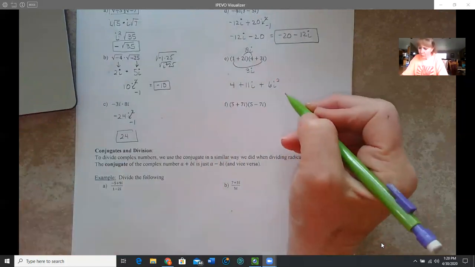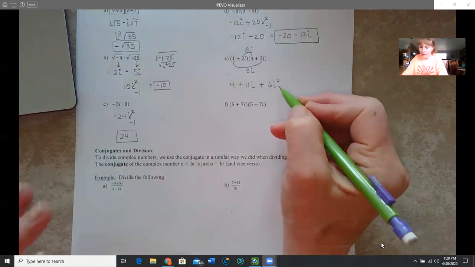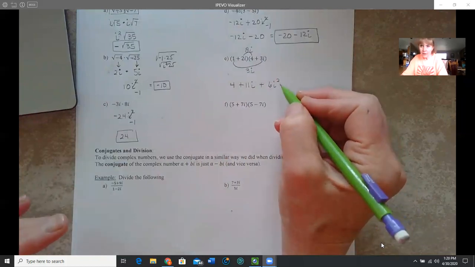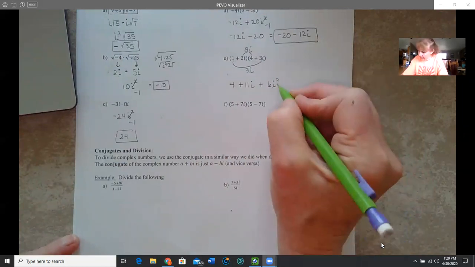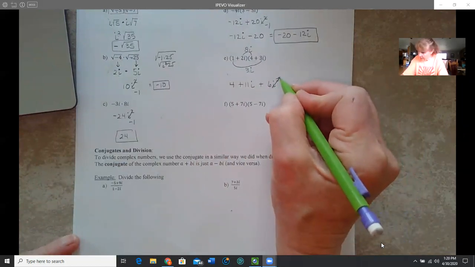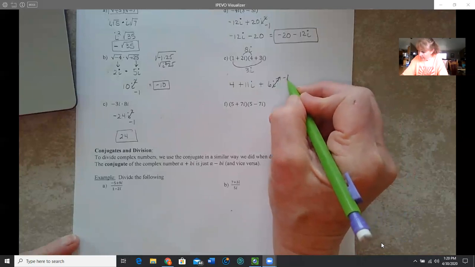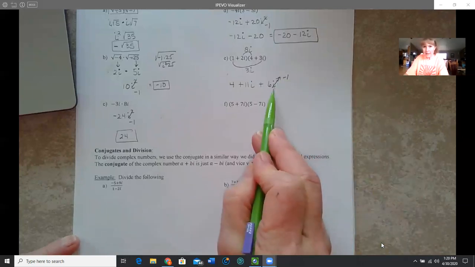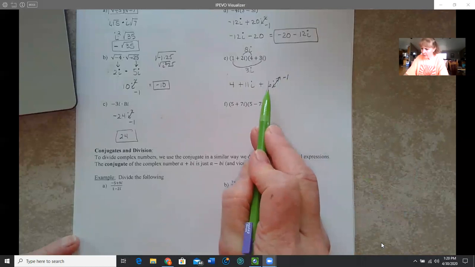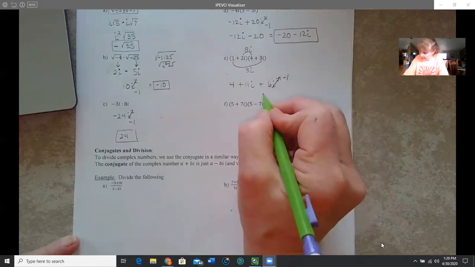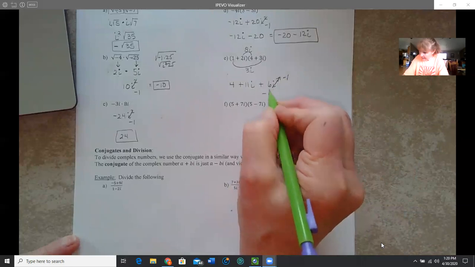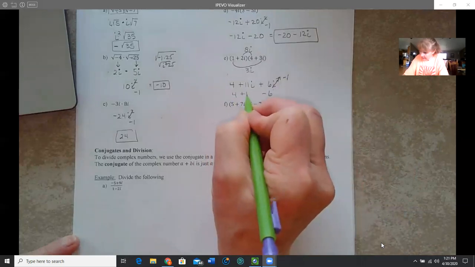If you stopped here, you would miss it, because it does need to be simplified all the way. But here, i squared is a negative 1. So 6 times a negative 1 is a negative 6. So we still have plus.